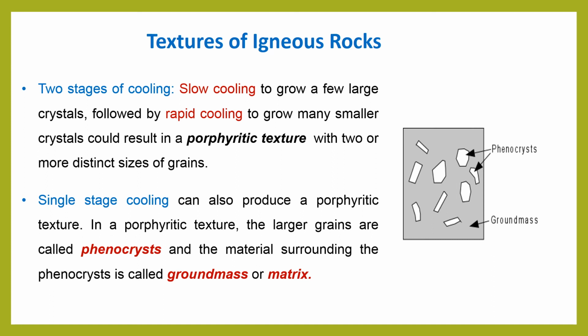Sometimes a single stage can also produce a porphyritic texture, in different locations, of course, deeper and shallower. In porphyritic texture, the large grains are called phenocrysts, and the material surrounding the phenocrysts we sometimes call the matrix or groundmass.